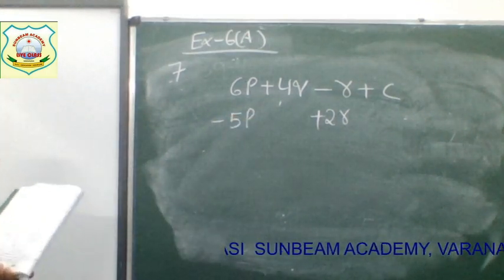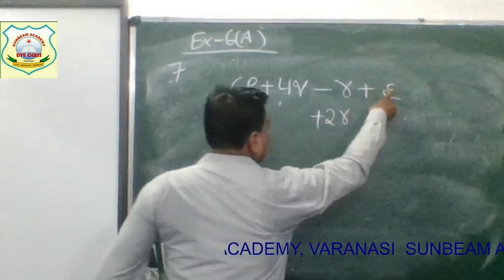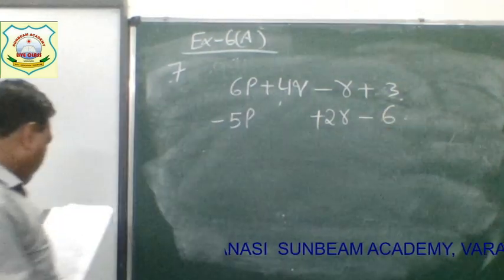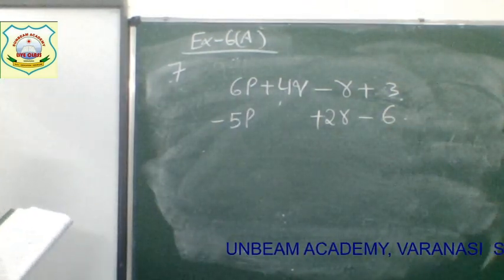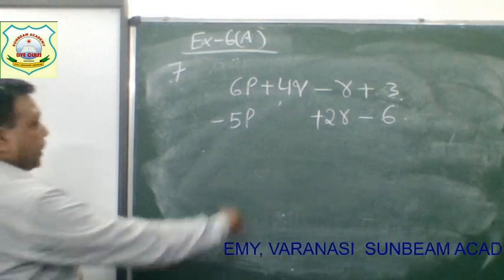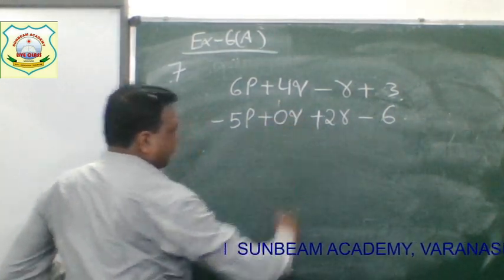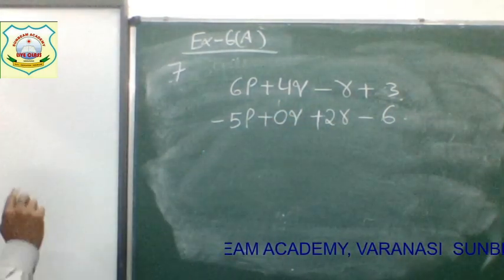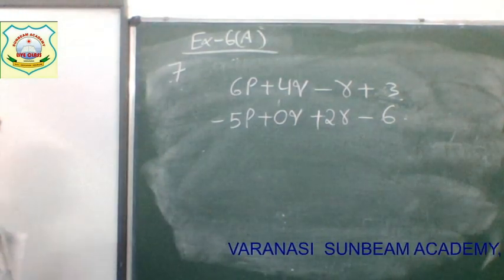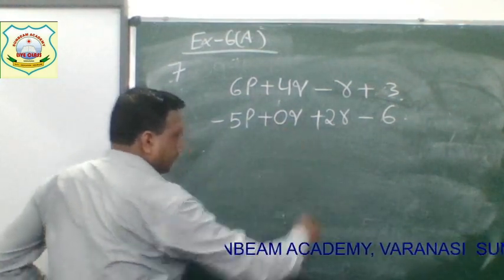minus 5p, then minus 6. There is no q value, so what will we write in place of q? Plus 0q, 0 into q, that is 0 will come. If you leave this gap, it will not look in order, so it is better to write 0 into q.